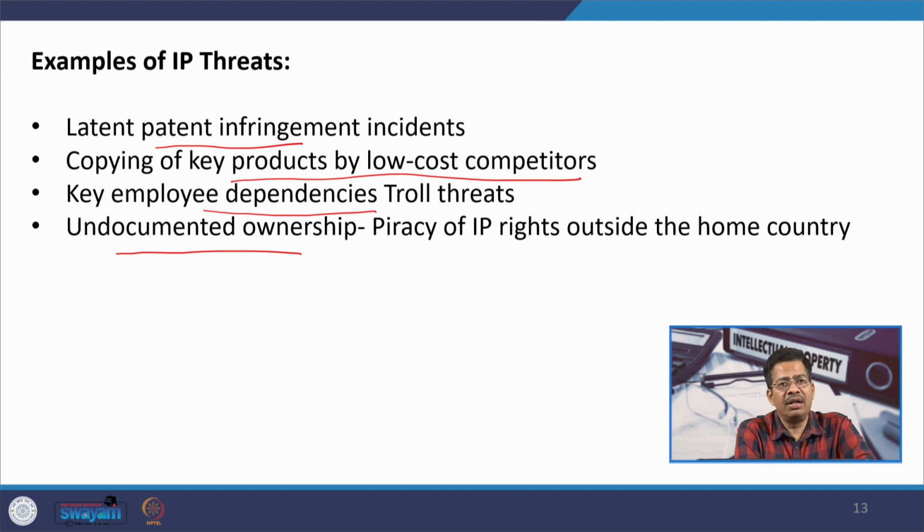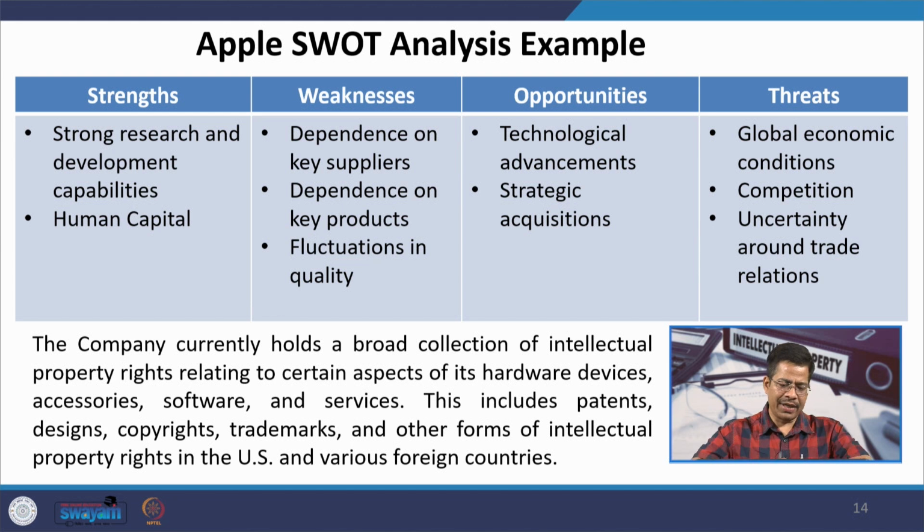So, these are different examples of strengths, weaknesses, opportunities and threats, and now we understand which activity is to be leveraged, which to be minimized, and which needs to be converted to opportunities or strengths. Here we have an example of one of the popular organizations globally, Apple, and we need to do this type of SWOT analysis, where you can see strengths, weaknesses, opportunities and threats on a piece of paper.